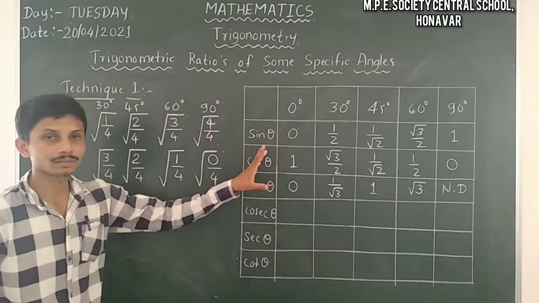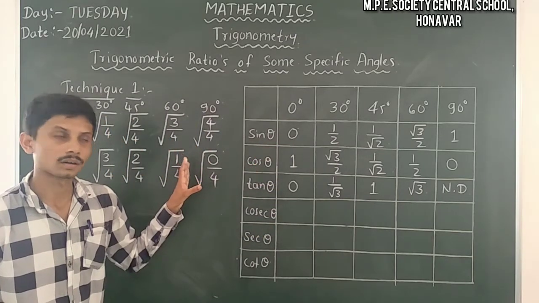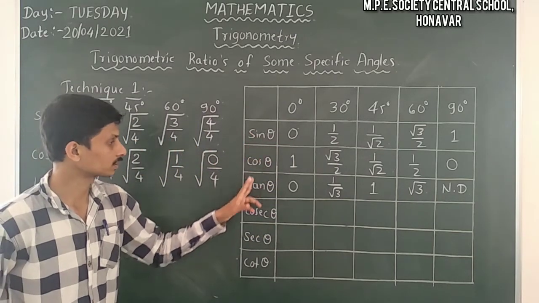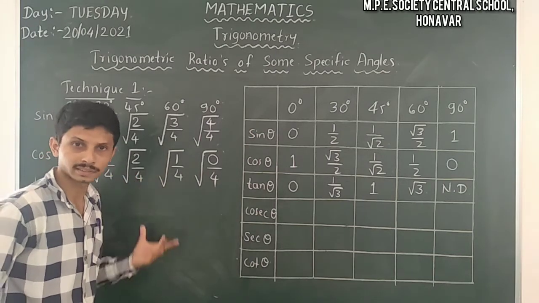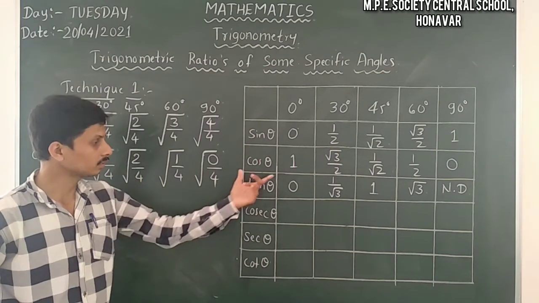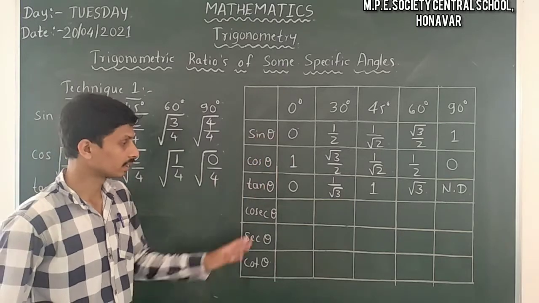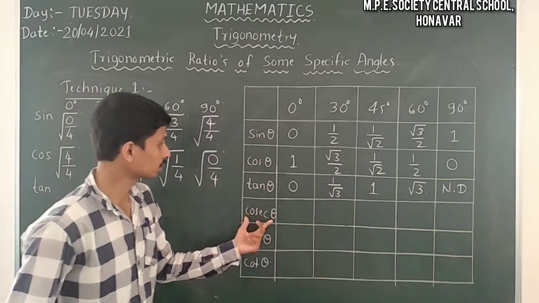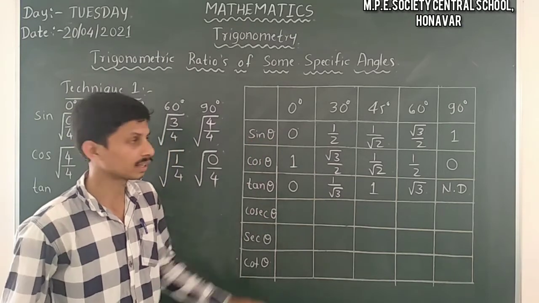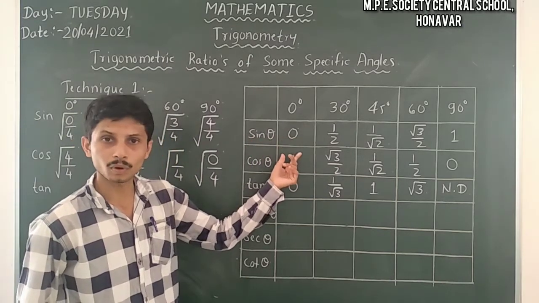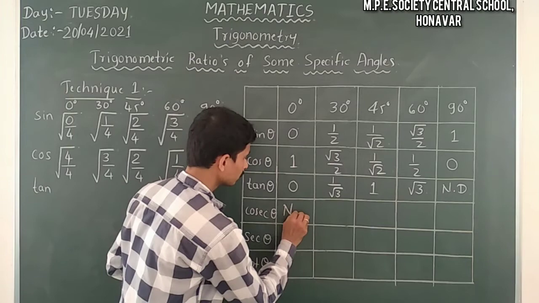Just observe, here we got all the values of sin theta, cos theta and tan theta using this technique, dividing sin theta by cos theta for tan theta. Then, you already know that cosec theta is the reciprocal of sin theta. Here 0 by 1 means cosec is not defined.